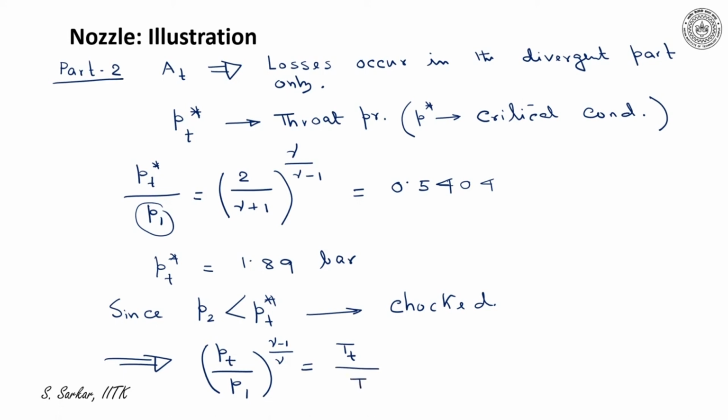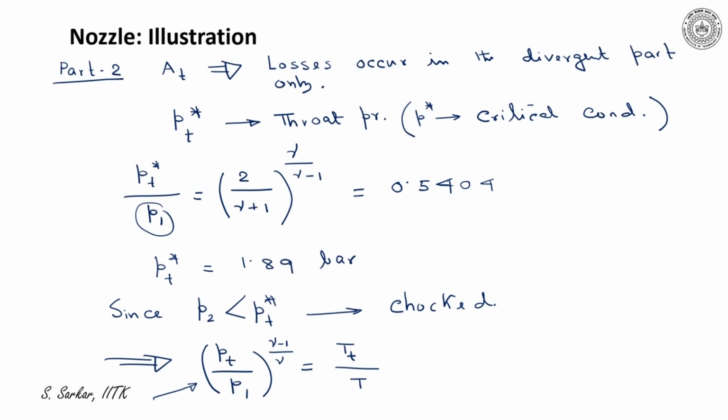This is because I have neglected the losses in the convergent part. Thus, I can consider that in the convergent part, the flow would obey the isentropic relations. Hence, I can evaluate from here.